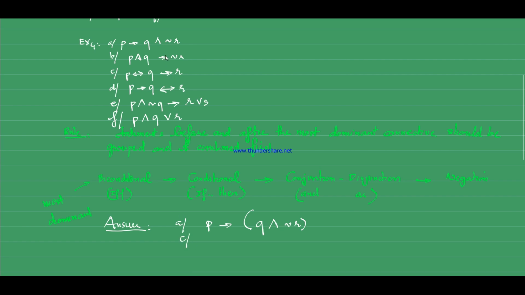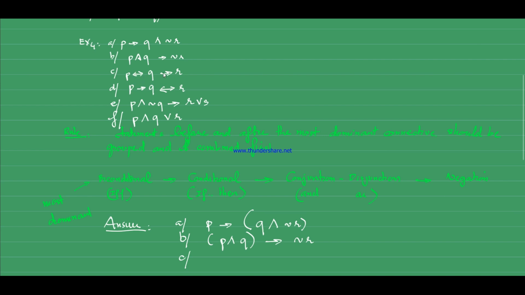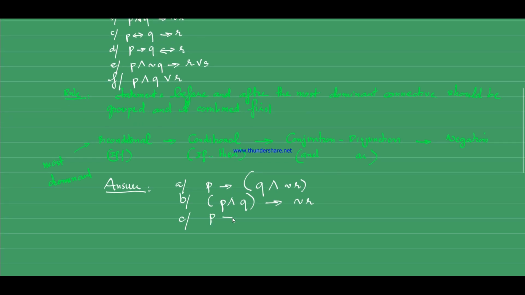The same thing for B. This is the most dominant, so you group before and after: we group P and Q, then implies R. For part C, this is more dominant, so we group P, Q, implies R. For D, we group this one, then the most dominant should be at the end.